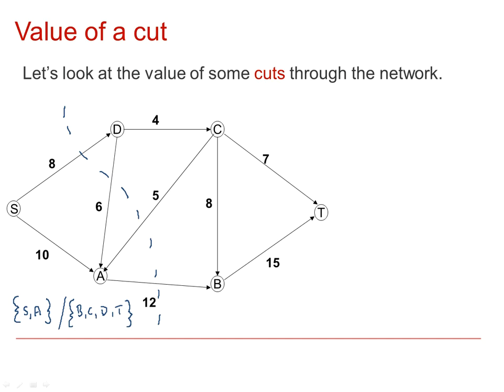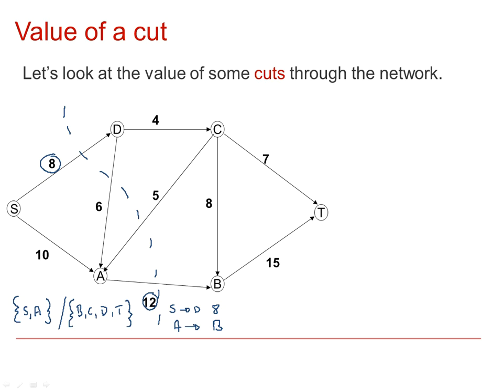So if you look at that particular cut there, the capacities that are going from the source set to the sink set include the 8, which is going from S to D. So we've got S to D, size 8, and we've also got the 12, which is going A to B. But if we look at the other arrows, they're coming from the sink set into the source set.